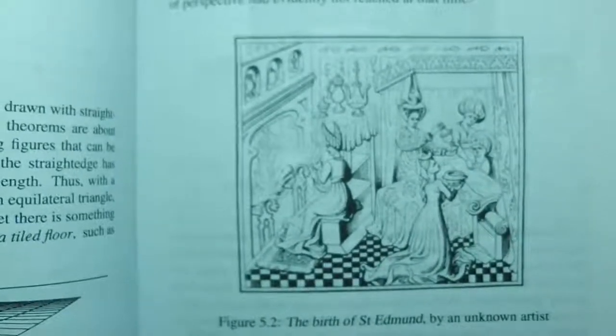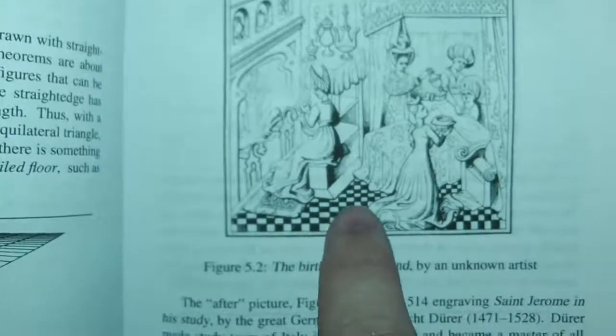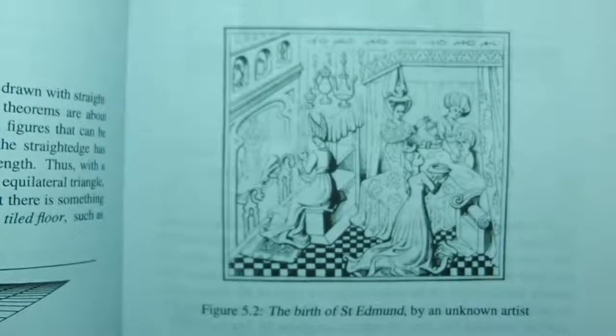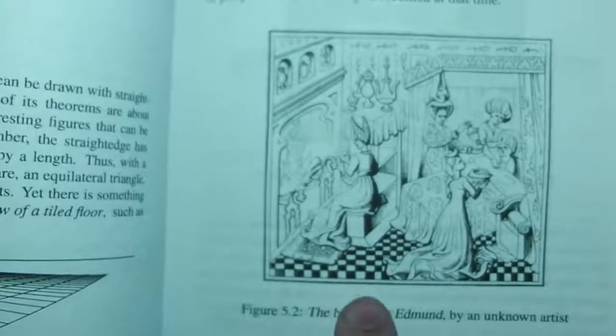Forget about everything else, I'm just talking about the perspective now. All these tiles are rectangles, even though if you have a tiled floor in your house, and you look down at it and move around the room, it doesn't look right.